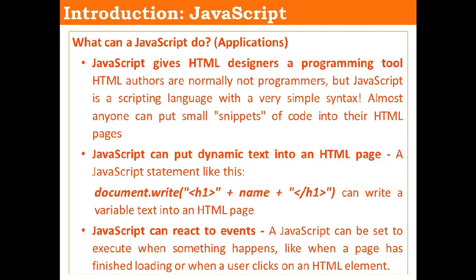Whenever any event is triggered by the user, that means whenever they are clicking the text, clicking on the button, selecting the radio button or checkbox, whatever they are doing inside the web page, right click, mouse click, mouse motion, those events are called triggering. That time, automatically the JavaScript will be called and it will execute some scripts.